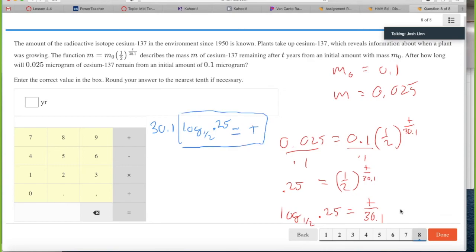So that part is saying log base 1/2 raised to the power of t equals, I'm going to change this decimal into a fraction as well, 1/4. So in this situation, our t is going to be equal to 2, right?